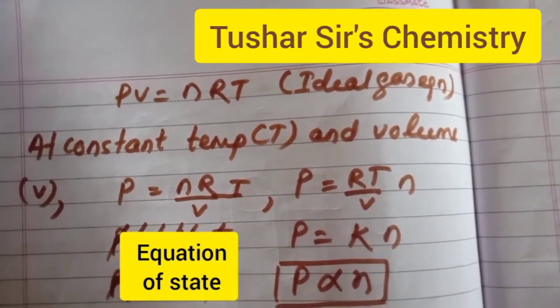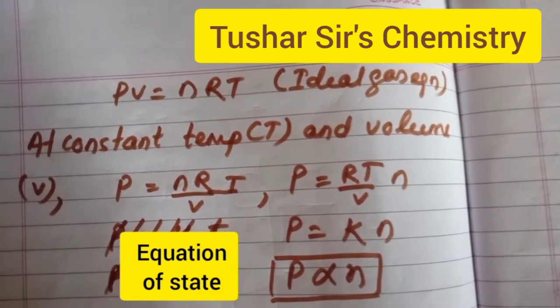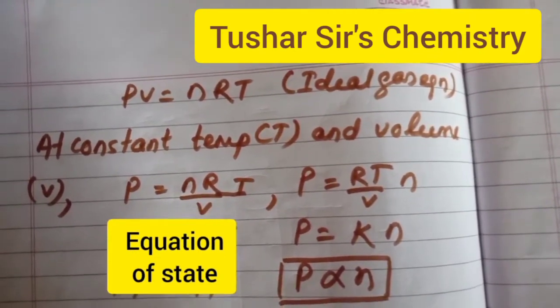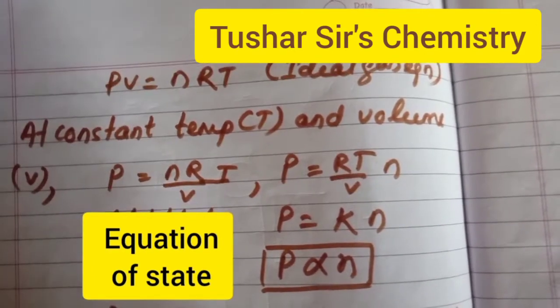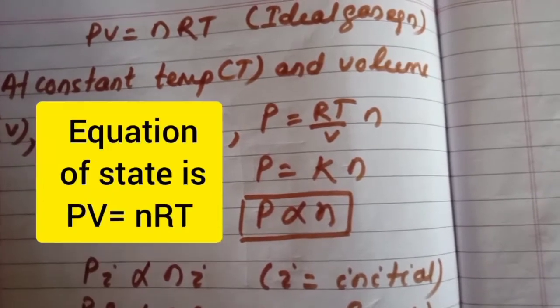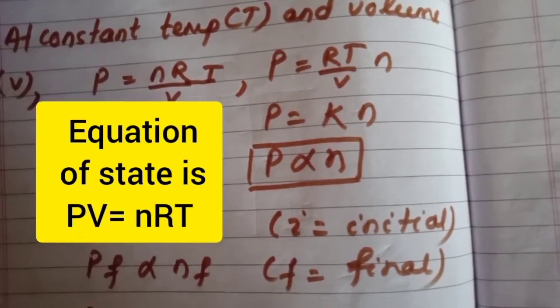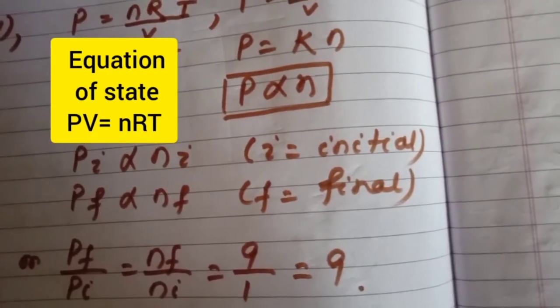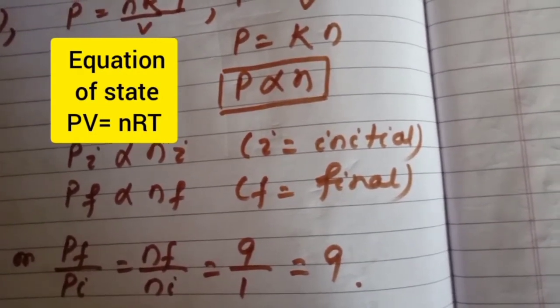So P is equal to K into n, which means P is proportional to n. At initial condition Pi is proportional to ni and Pf is proportional to nf. Then Pf by Pi is equal to nf by ni, which is equal to 9 by 1.